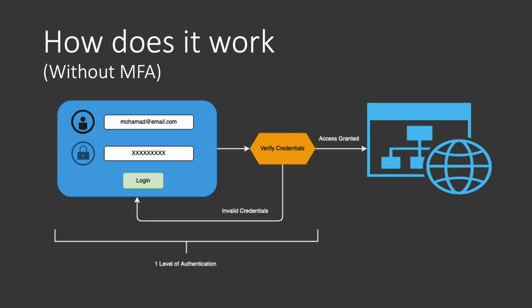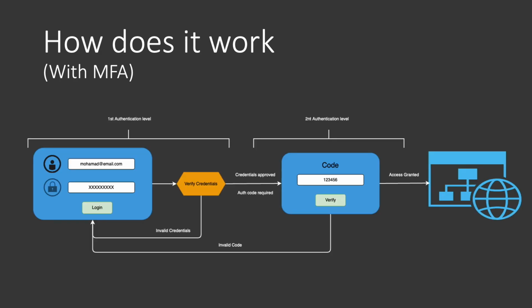And once those credentials are verified, they are either granted access to the service where they are able to log in and use it, or they get an invalid credentials message and the user is redirected back to the login page. So this is only one level of authentication, because the only level of authentication we are using here is the credentials of the user, which is a username and a password. So that's the case without multi-factor authentication.